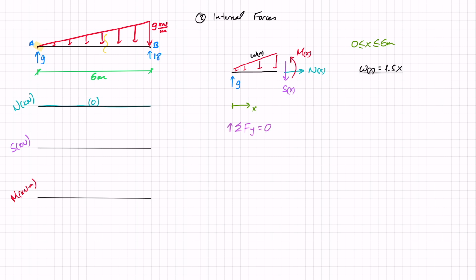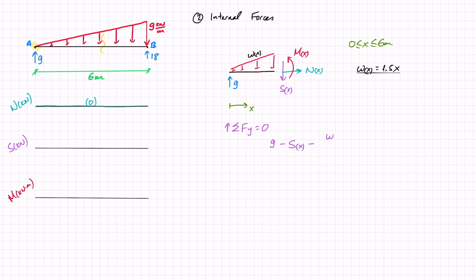So I've got 9 going up minus Sx going down, and also minus the area, which gives me the force. And the area is going to be Wx times x over 2. Wx gives me the height of the triangle, x gives me the length of the triangle, and divided by 2, because it is a triangle, equals 0.